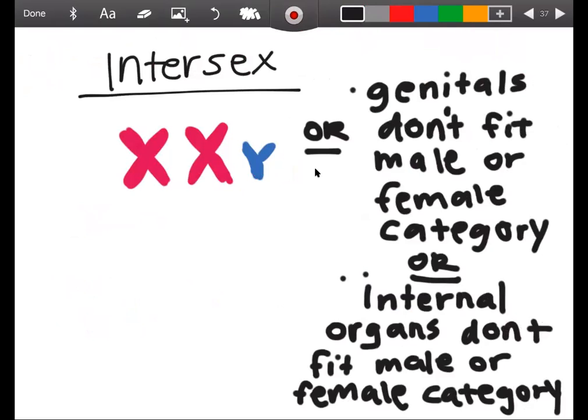Some traits that are expressed in people that identify as intersex: they have genitals that don't fit the male or female category, so they may not have the same types of genitals by looking on the outside, or in some cases they may have either male or female looking genitals, but internally their organs don't fit the male or female category.